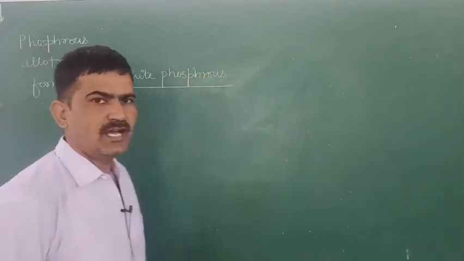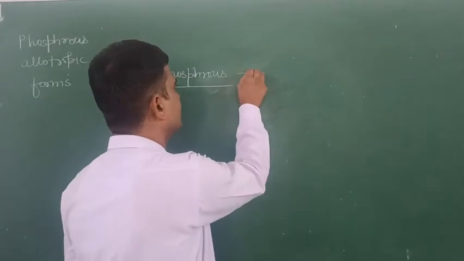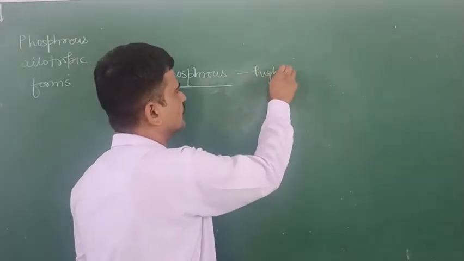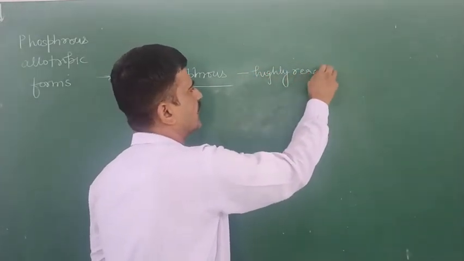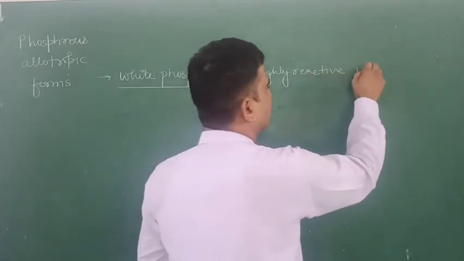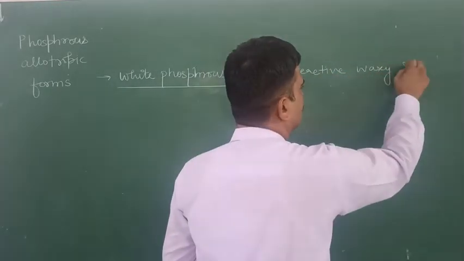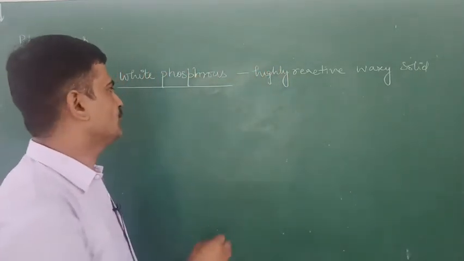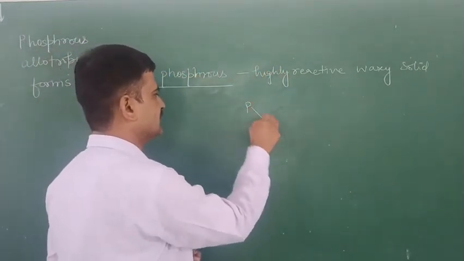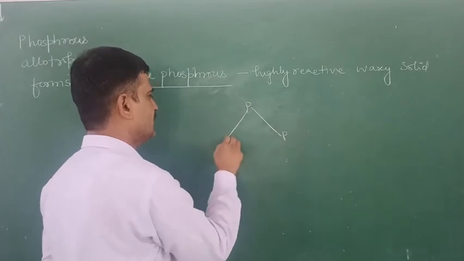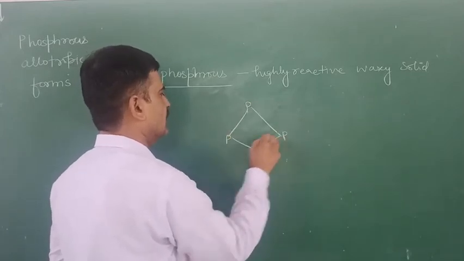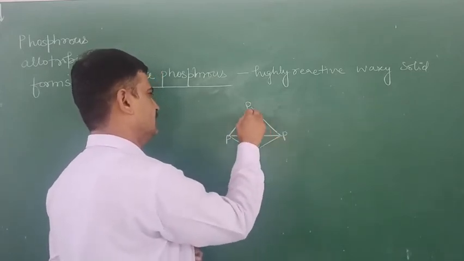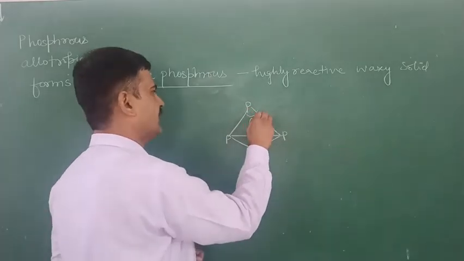White phosphorus is a highly reactive, waxy solid. It is highly reactive due to the presence of angle strain in its molecule. There is a 60-degree angle.